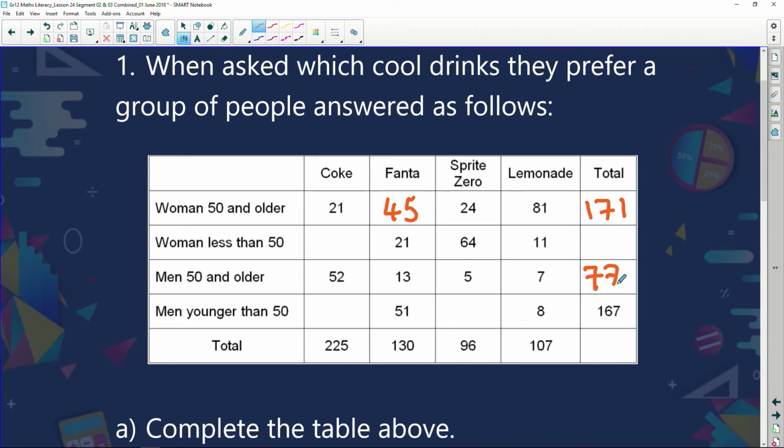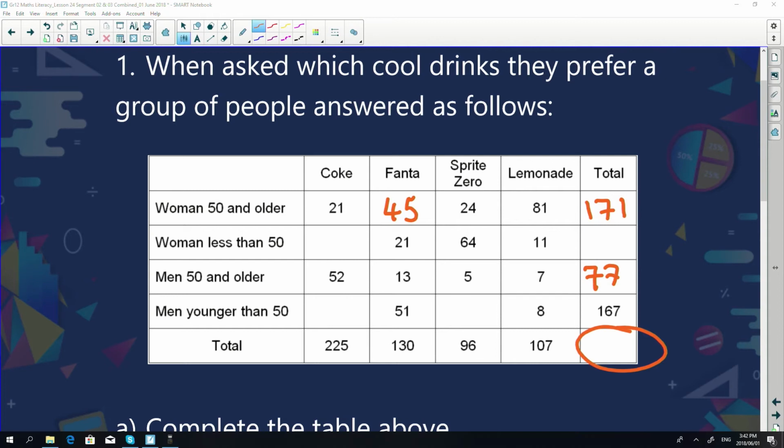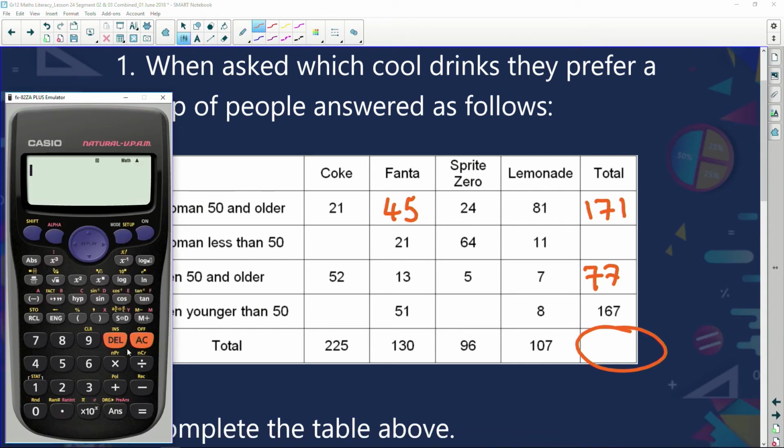Okay, what else can we fill in? Well, looking at this, we can't fill this row in because I have two missing. But when I look here, I've got only one missing. So if I add up these totals, I should get a grand total. So let's do that as well, shall we? So we're going to say I've got 225.